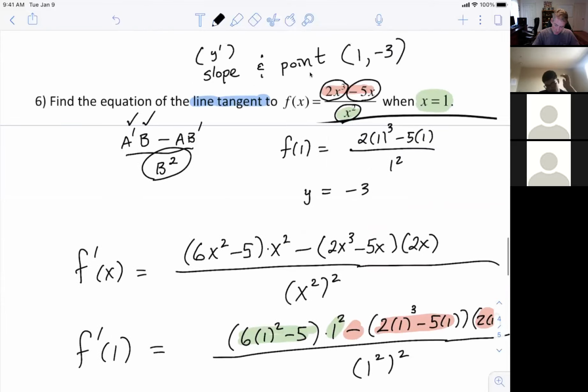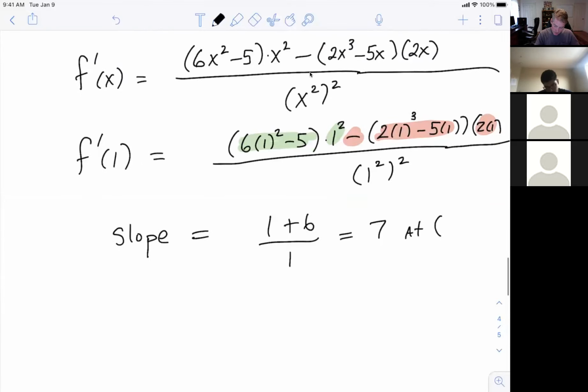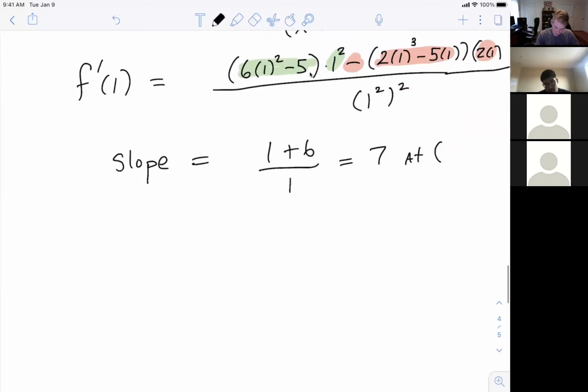And then the point was 1 comma negative 3. And then finally do the point slope formula. So y minus a negative 3 equals, the slope is 7 times x minus 1.